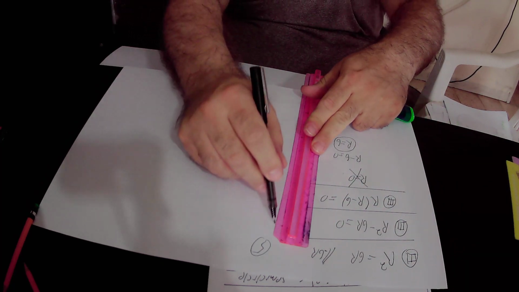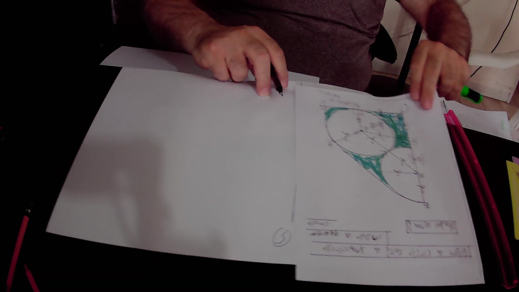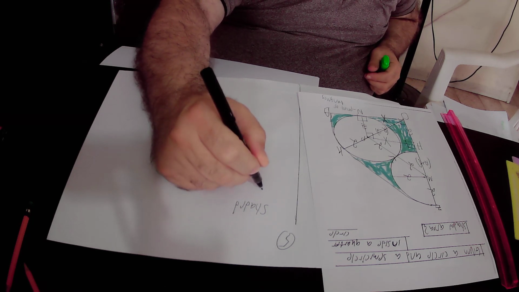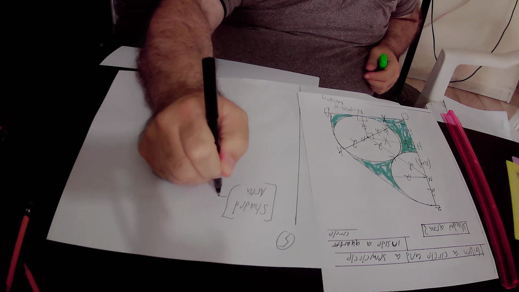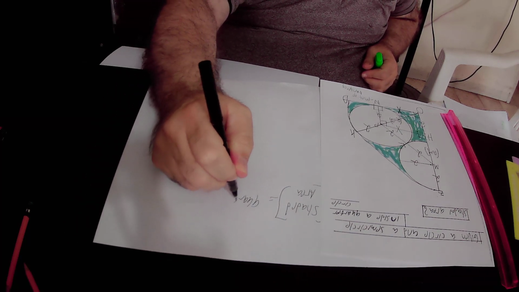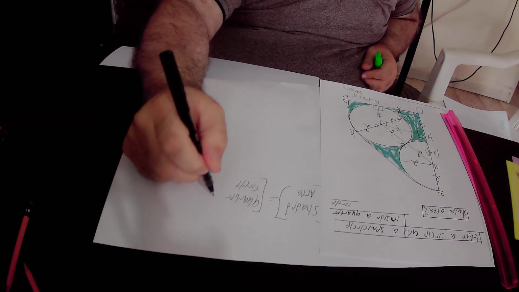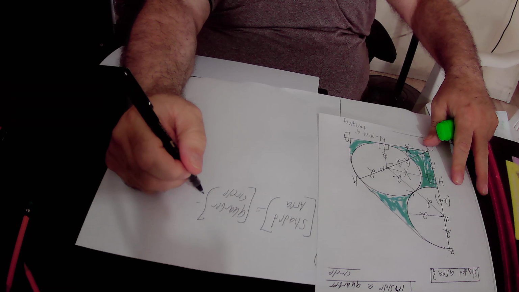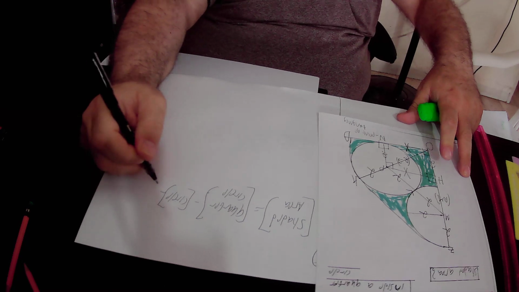And what is the value of the shaded area? The shaded area will be equal to the area of the quarter circle minus the area of the circle minus the area of the semicircle.